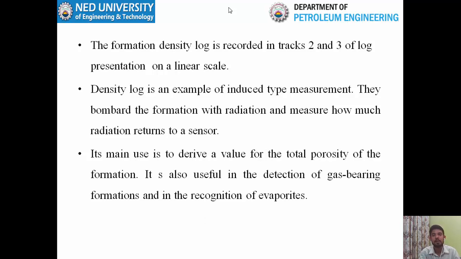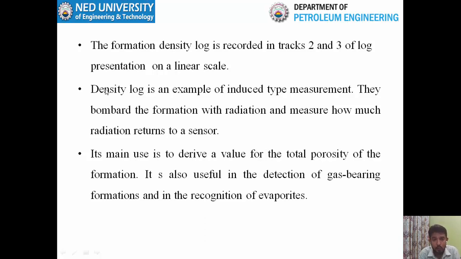So the scale is chosen according to the minimum and the maximum density observed in a given log section. Generally the typical scale is 1.95 to 2.95, indicating that most of the lithologies have density lying between these two numbers.